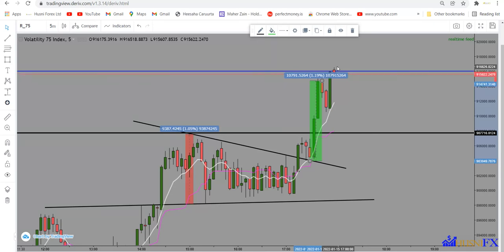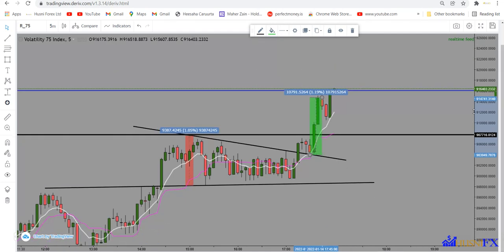Right now I am placing my extension, my next entry on VIX 75 before it broke in. So you can see that the market is just moving up. So where is my next exit point? It must be 2.